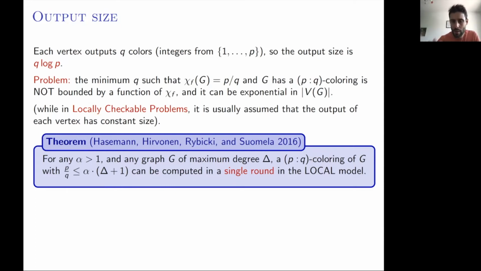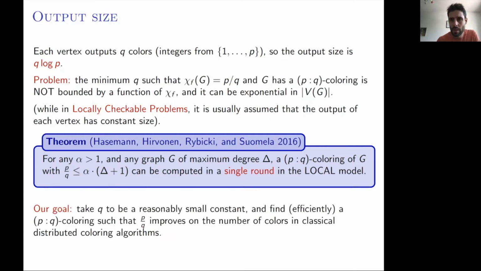So in this talk, the goal will really be to find (p,q)-colorings where this p over q would be better than the chromatic number or bounds on the chromatic number that you would compute with a distributed algorithm. So we want to improve on this p over q while keeping q reasonably small and having a reasonably efficient algorithm. This is our ideal goal.